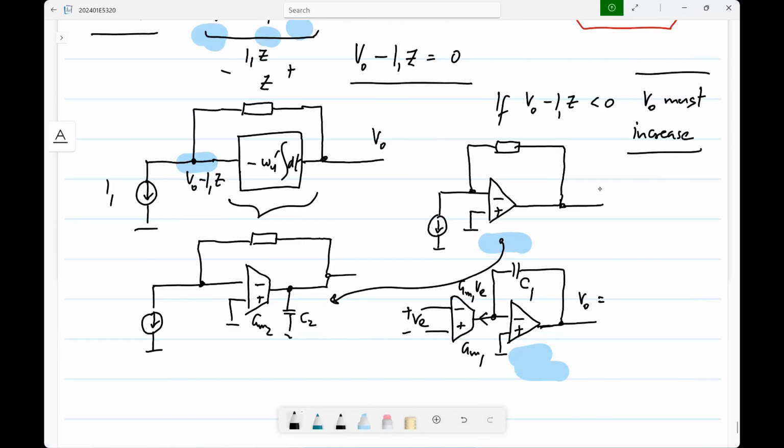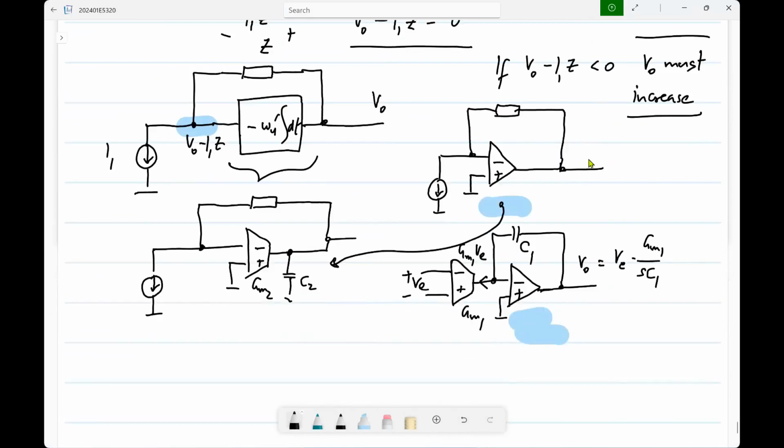Yeah, it will be basically VE times GM1 by SC1. That's the point I wanted to make. The transfer function is exactly the same as before, assuming ideal components, right? So earlier also we were trying to get an integrator whose transfer function was GM1 by SC1. Now you will get exactly the same if you have an ideal op-amp. Of course, we don't have the ideal op-amp. We substitute it with the op-amp that we have.